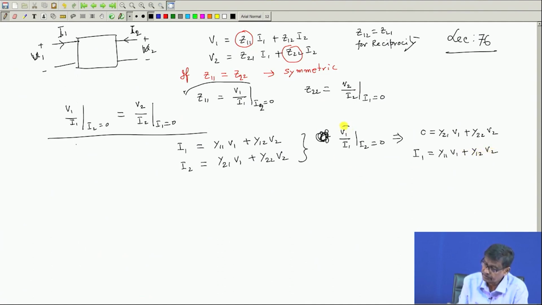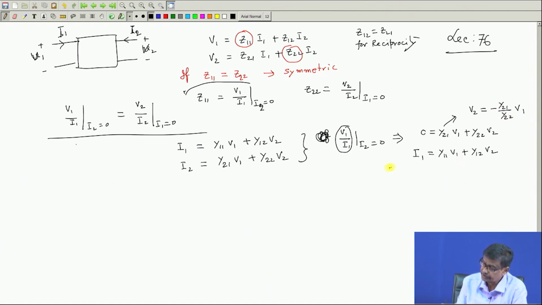My objective is to calculate V1 by I1. V1 is there, I1 is there, but here is a V2, and this V2 I will calculate from the second equation as V2 is equal to minus Y21 by Y22 into V1.